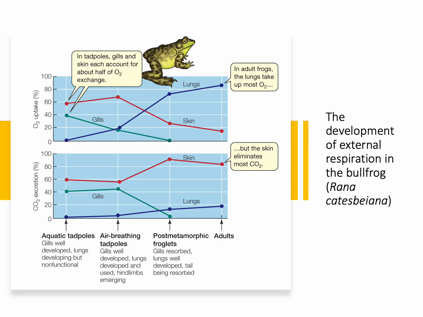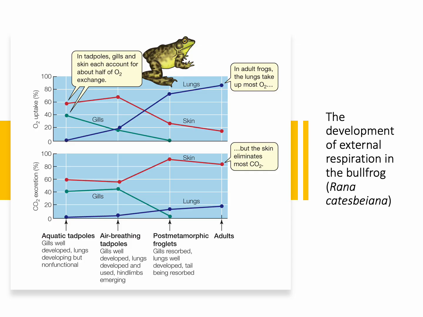What you see here is that the frogs start out as tadpoles, and those tadpoles live mainly aquatically at first, but they develop the ability to breathe air, and then they turn into little froglets, and then they turn into adults. So let's look at the top graph.